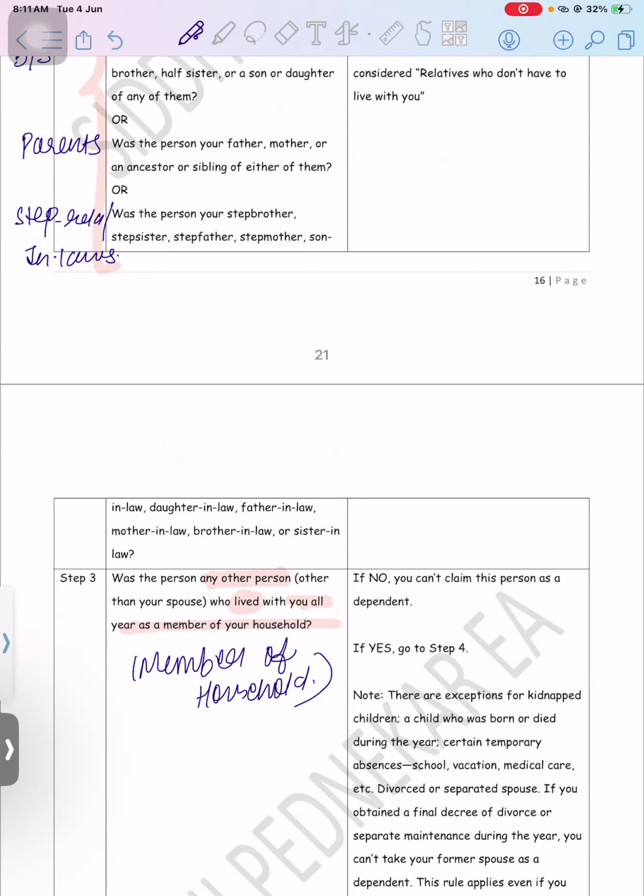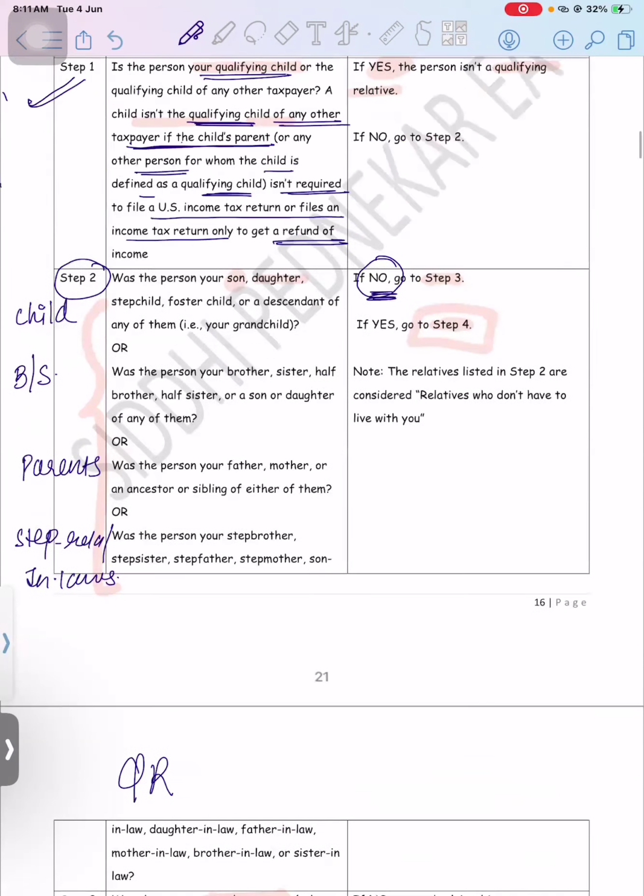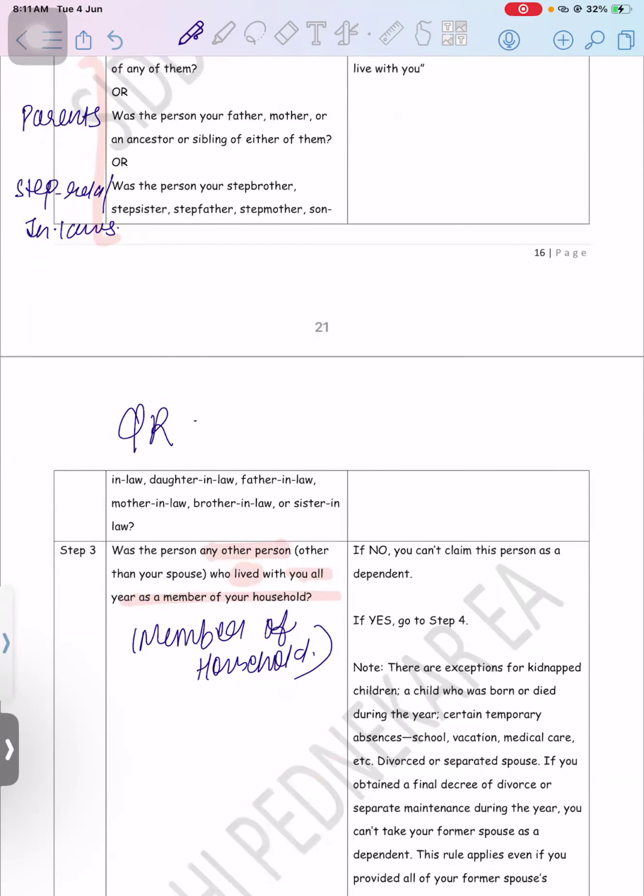So he can claim you as a qualifying relative, even though you're not related in any way. Only, you should be living with him for all the year. It should not be that you are going there just for a normal visit for 2 or 3 months. You should be living there for a whole year.